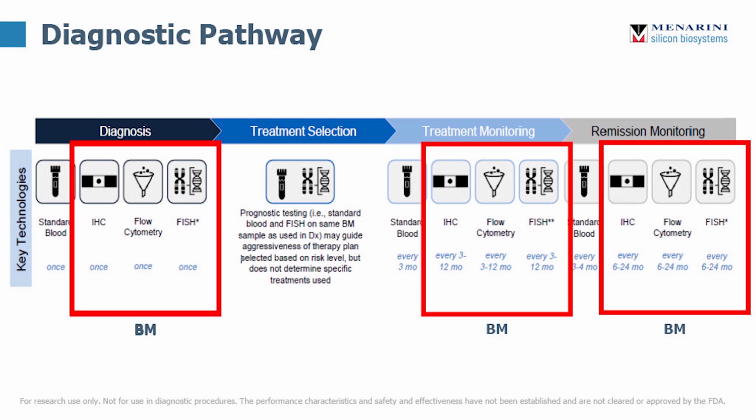And what I'd like to highlight here is that at diagnosis, treatment monitoring, and in remission, we're talking about a bone marrow biopsy. This is an invasive, painful procedure, and it is injurious to the bone, which is already dysregulated in multiple myeloma patients. So this underscores that we had a need here for a non-invasive modality for assaying what's happening in this disease in these patients.